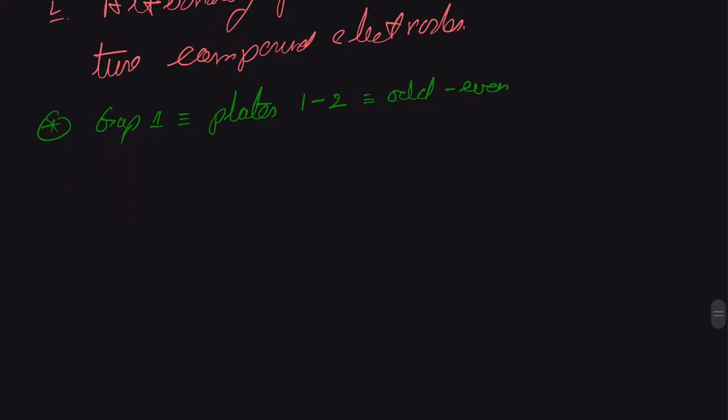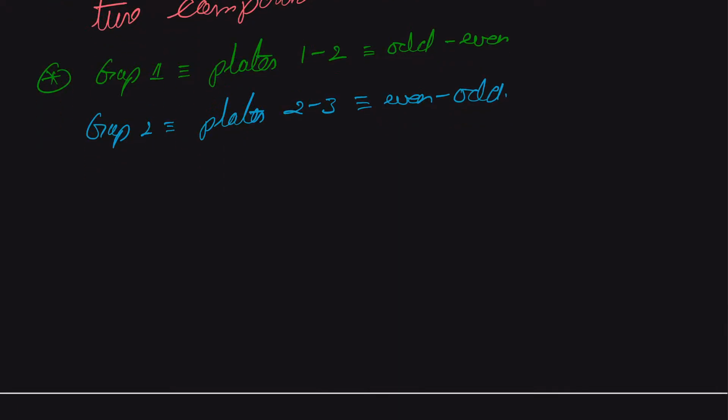Then we have gap 2, and gap 2 is between plates 2 and 3, and this is between even and odd. Similarly, let's write one more, gap 3, between plates 3 and 4. Once again, it is between odd and even, and this process will continue.